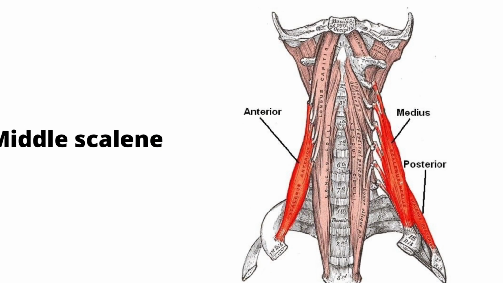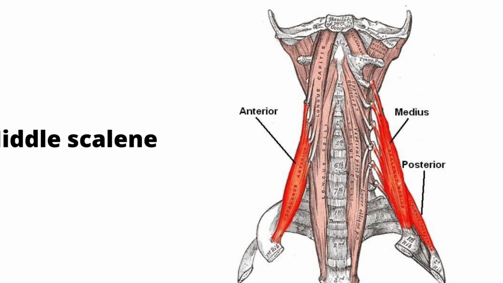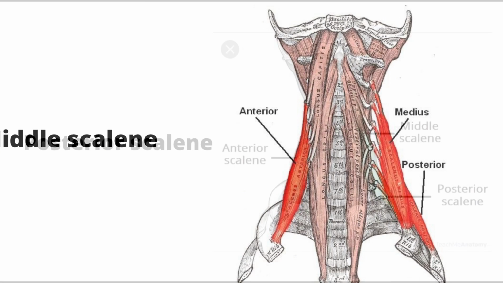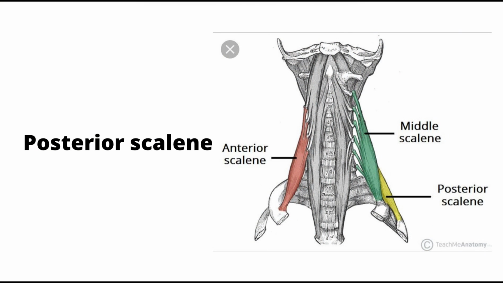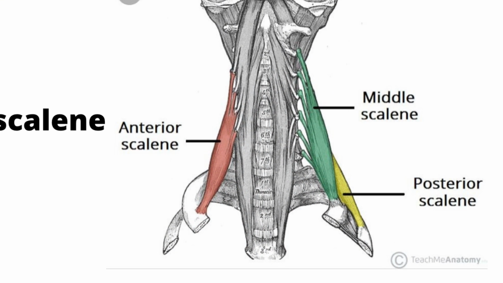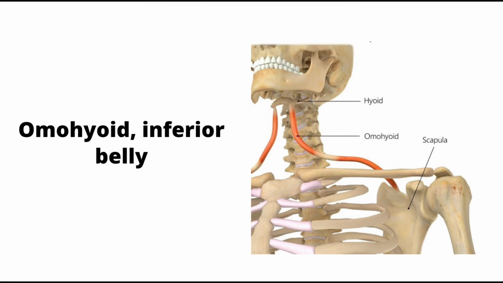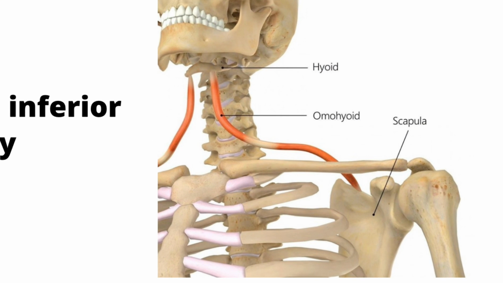The middle scalene flexes neck laterally, elevates first rib during forced inspiration. The posterior scalene flexes neck laterally, elevates second rib during forced inspiration. Then the omohyoid inferior belly depresses the hyoid bone and larynx during swallowing and speaking.